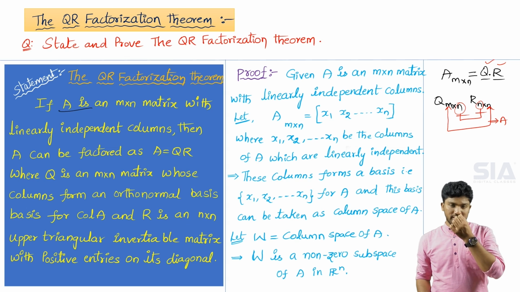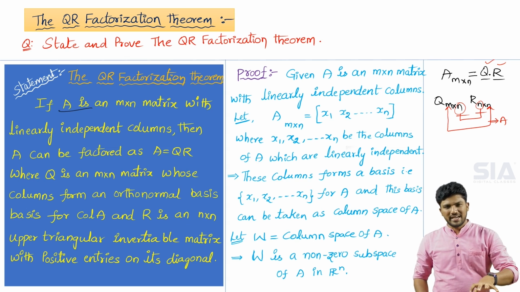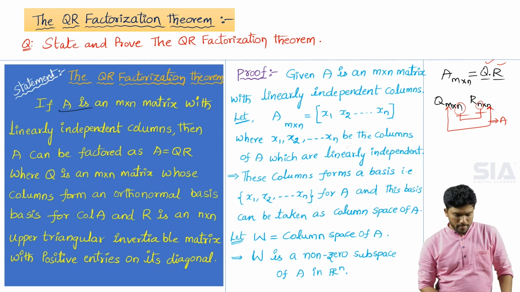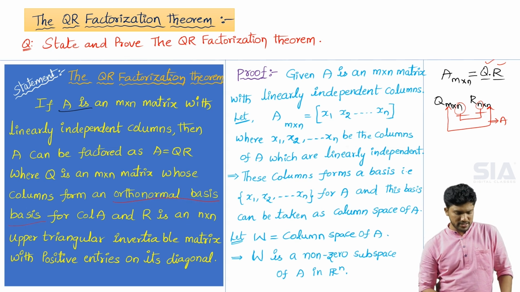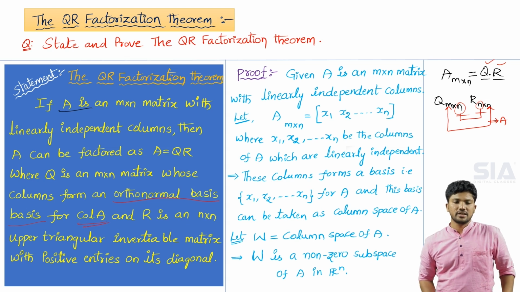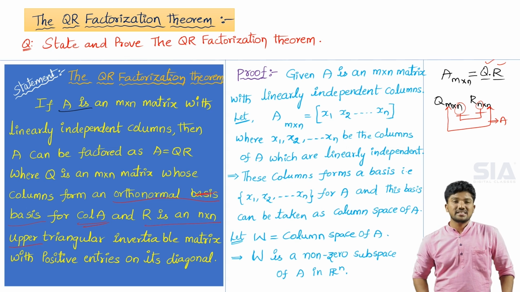So the resultant matrix capital A after the factorization: the first matrix is Q. That Q has the orthonormal basis for the column space of capital A. And capital R is an n by n upper triangular invertible matrix.